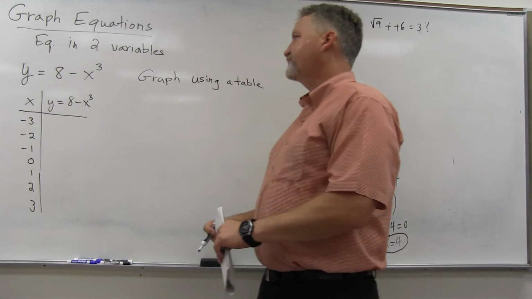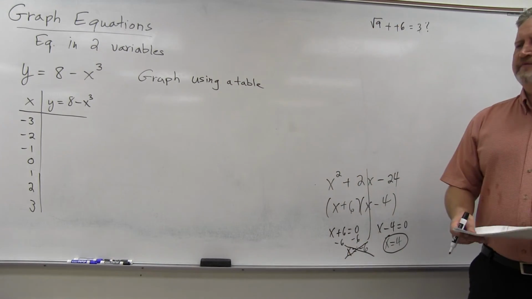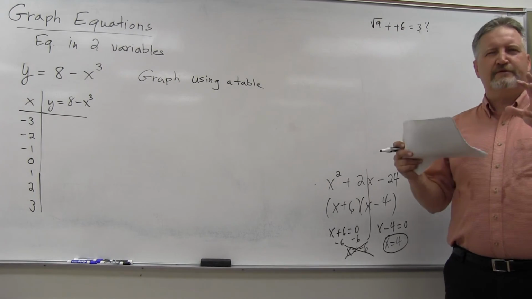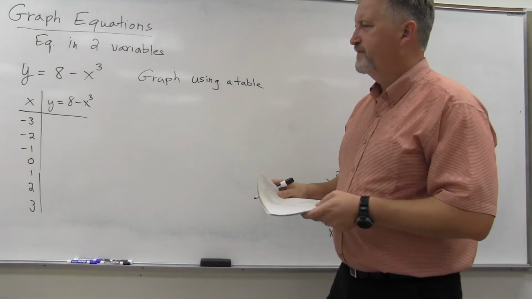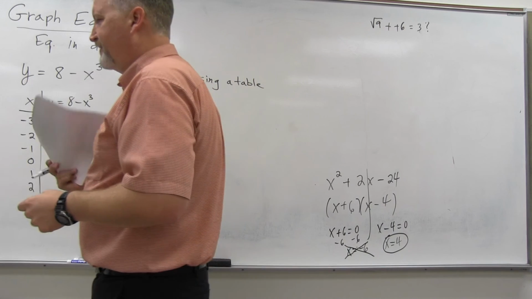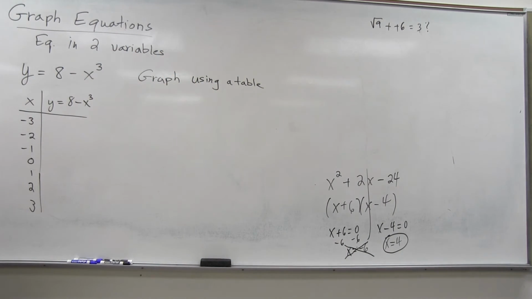Can I ask why you chose those numbers? They're just kind of middle numbers, yeah. Like I said, those won't always be the best ones to use, but for now the ones that we graph will be fine. You may need others, but we'll just start with tables using that.